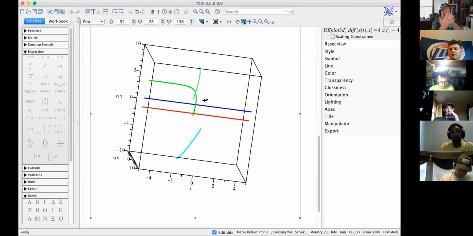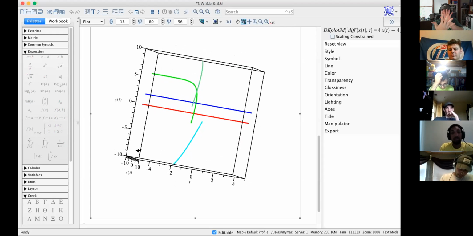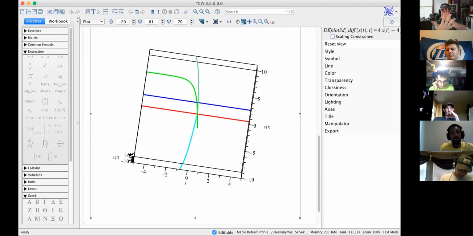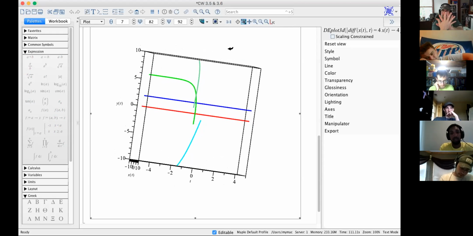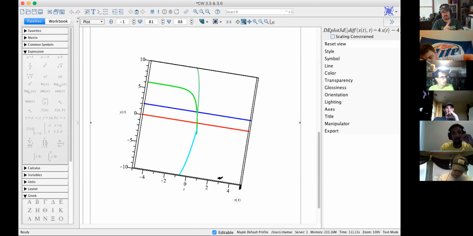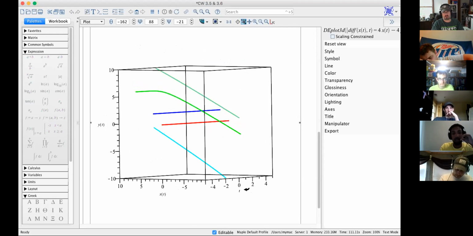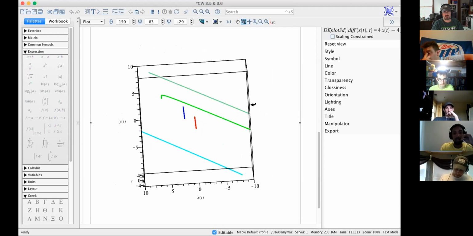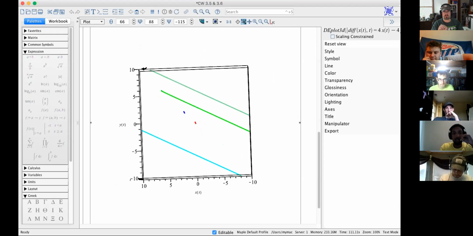We just can't see them on the phase plane because remember, the phase plane doesn't show us the time dimension. It only shows us the shadow of the entire space smushed down in the time dimension. So if you rotate it 90 degrees so that we are seeing the X and Y, yeah, keep going. Just shift it up a little bit. There you go.